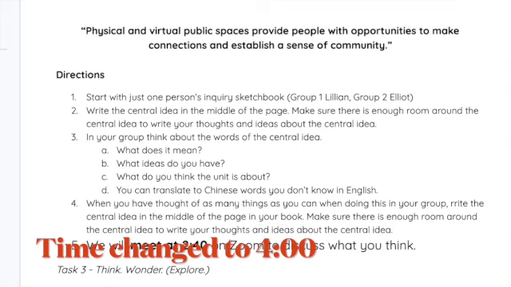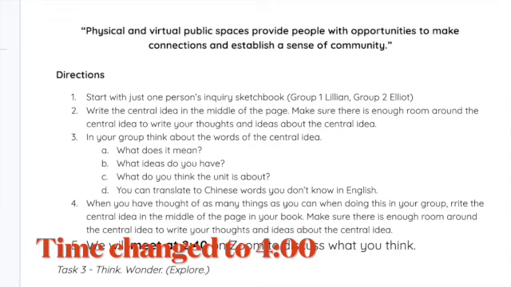In your group, think about the words of the central idea. What does it mean? What ideas do you have? What do you think the unit is about? Now, if you don't know some of the words in English, you can translate them into Chinese.